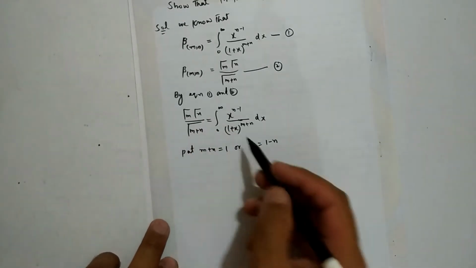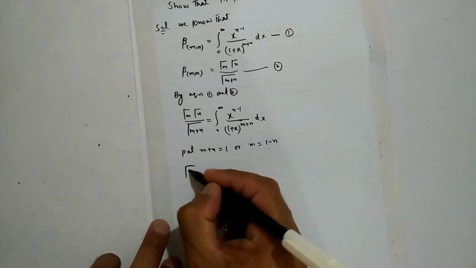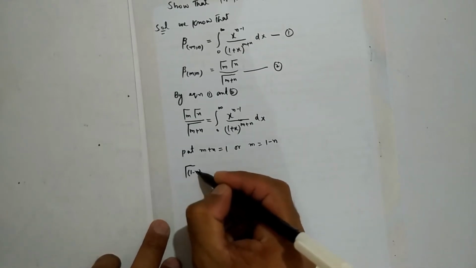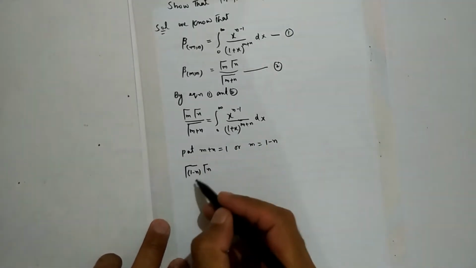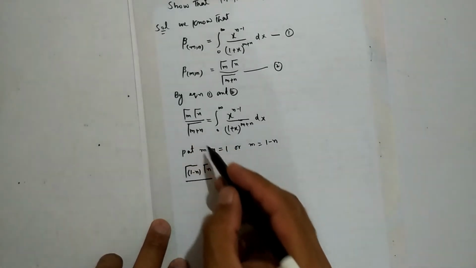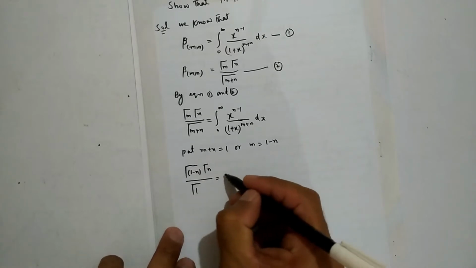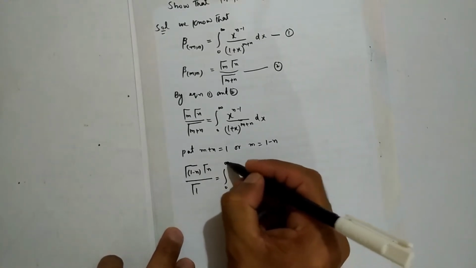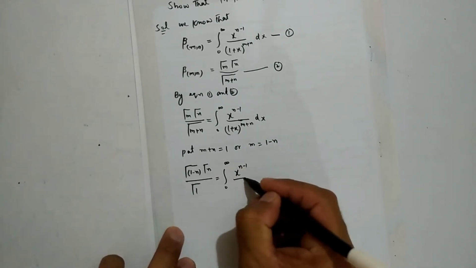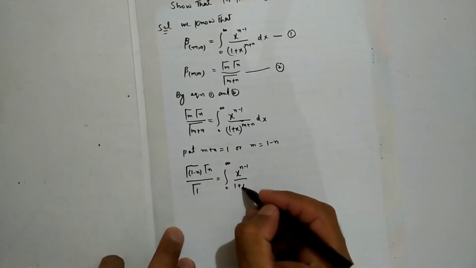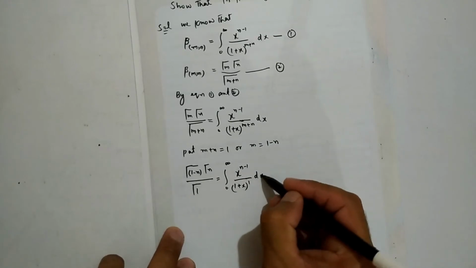Therefore, gamma m will be equal to gamma 1 minus n, into gamma n, divided by gamma m plus n, which is gamma 1. So this will be equal to integral from 0 to infinity x to the power n minus 1 upon 1 plus x whole to the power m plus n, which is 1, into dx.